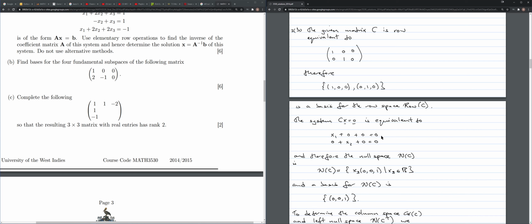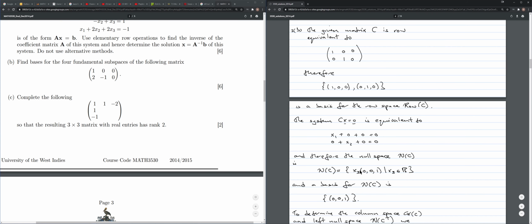So I have x1 equal to 0, x2 equal to 0, and x3 is in fact free. So the solutions would be 0, 0, x3, and I can pull out the x3. Therefore, this would be the solution set.